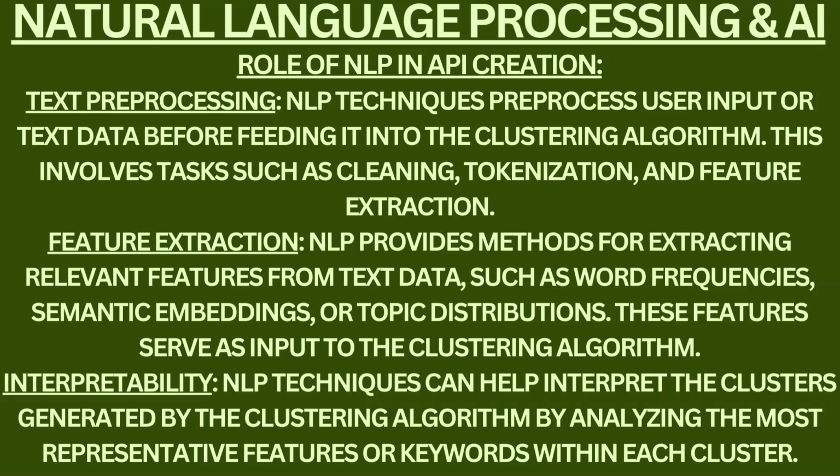These features serve as input to the clustering algorithm. Interpretability. Natural language processing techniques can help interpret the clusters generated by the clustering algorithm by analyzing the most representative features or keywords within each cluster.